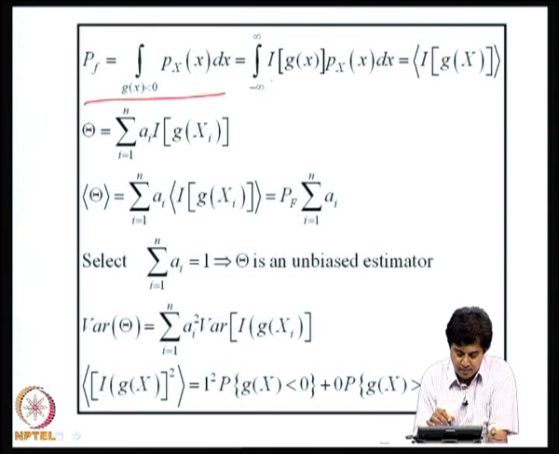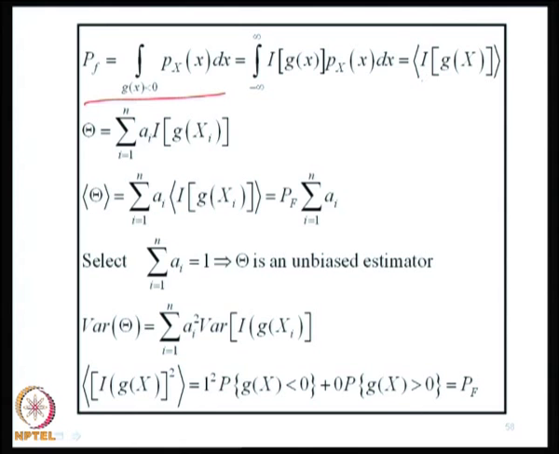I can first make the limits minus infinity to plus infinity by introducing an indicator function on g of x. This I of g of x is 1 whenever g of x is less than 0, otherwise it is 0. So I can write it as the integral of I of g of x P_X of x dx. Now Pf can be written as the expected value of the indicator of g of x. So formally I am writing this integral as an expectation.